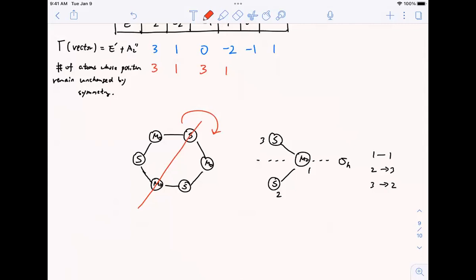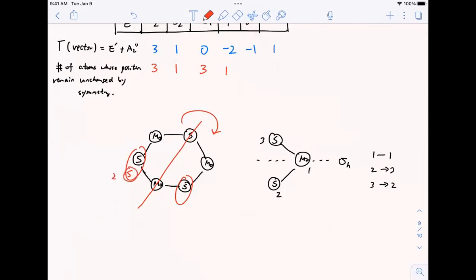Give me a number, 1, 2, 3. I hear 3 answers. You just do it. The Mo will go back to Mo, right? So you at least have 1. Now the problem is, how does this go to here? Here you have an S in the bottom.